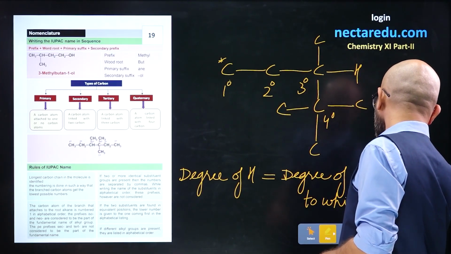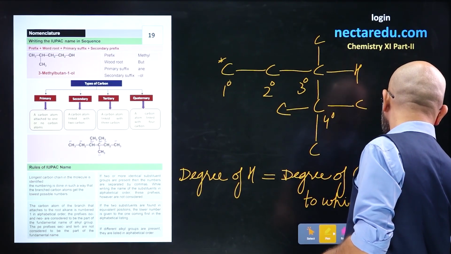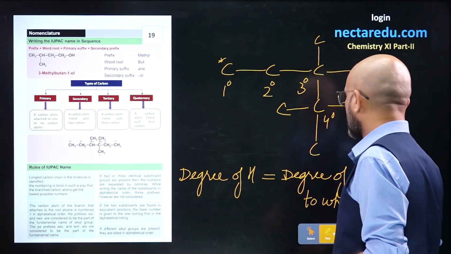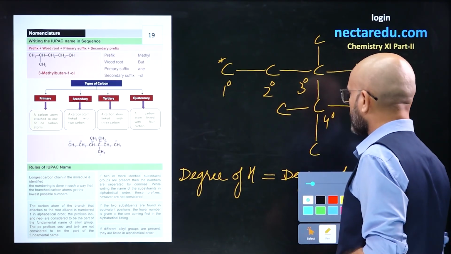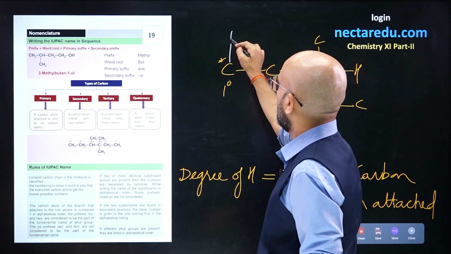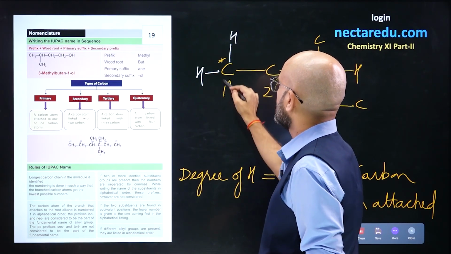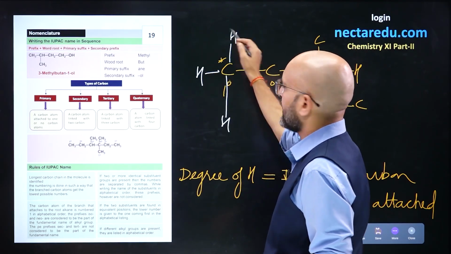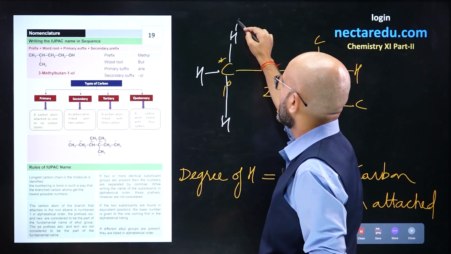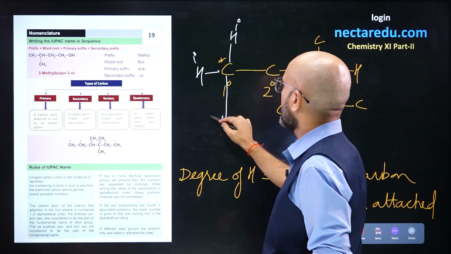So if a hydrogen is attached to a 1 degree carbon, it will be called 1 degree hydrogen. For example, if I connect hydrogens here, these hydrogens in white are called 1 degree hydrogens.